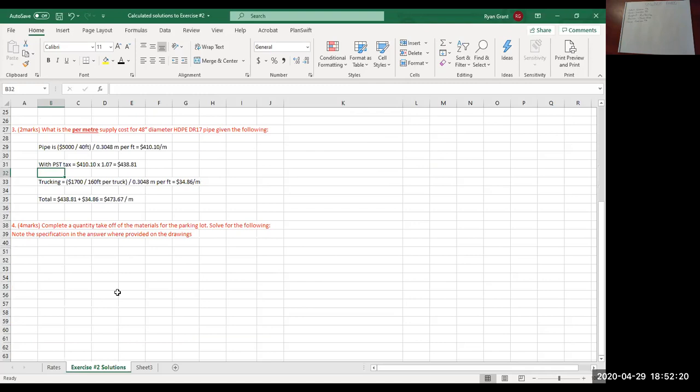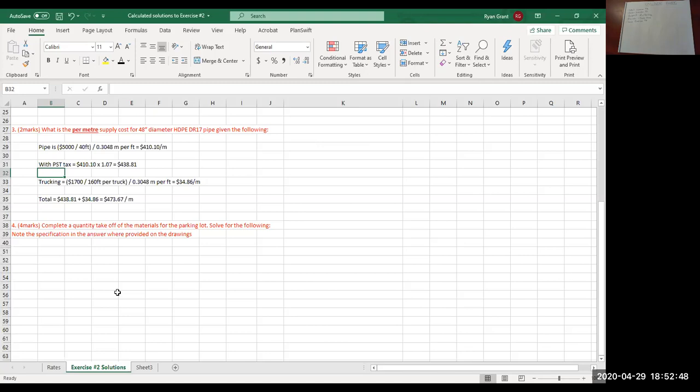You were told some information about the existing grade being the same as the design elevation for the parking lot. So the new pavement elevation is the same as the existing ground elevation. Grade means, so that word means the underside of the subbase layer of gravels, you were told.